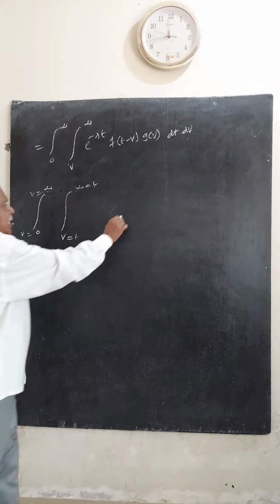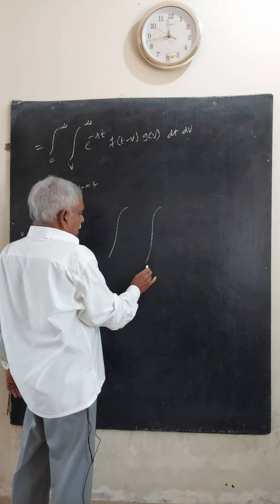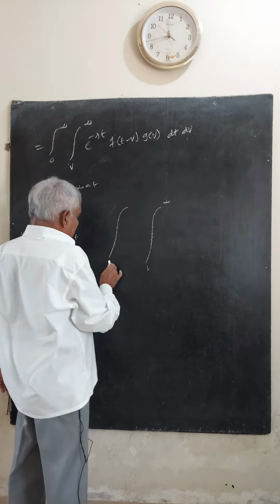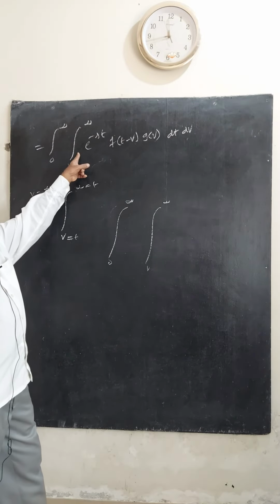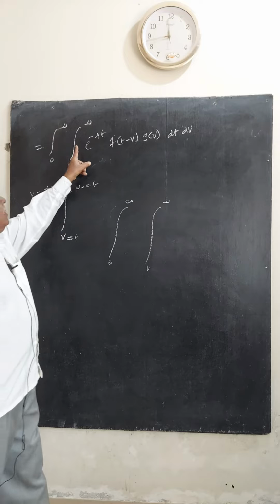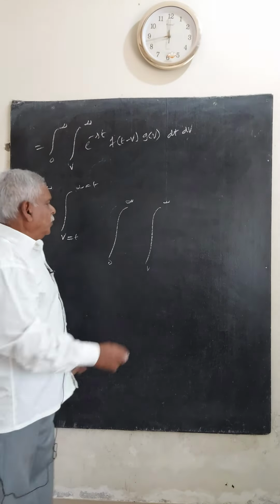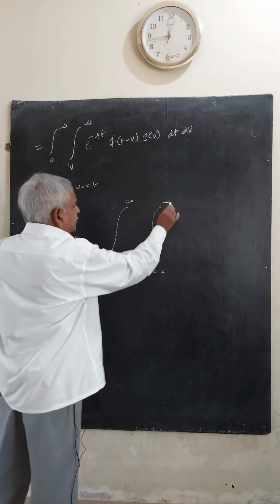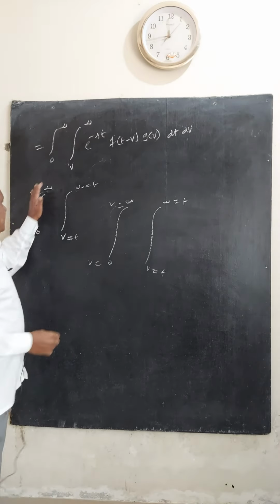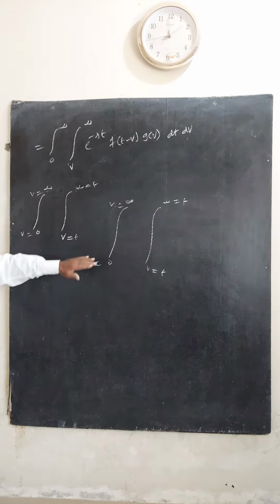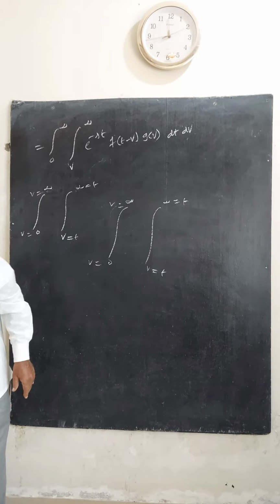Again I am telling, if one limit is in v, that integral belongs to t only. Therefore, we are equating t. This only we have written here.